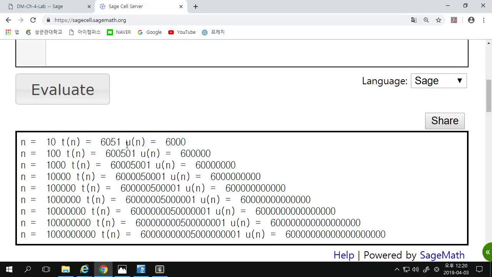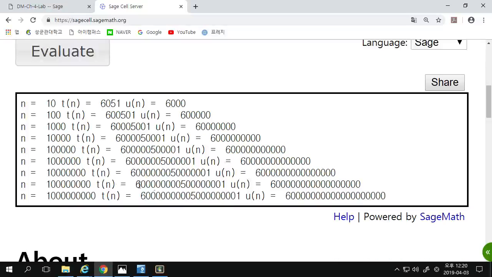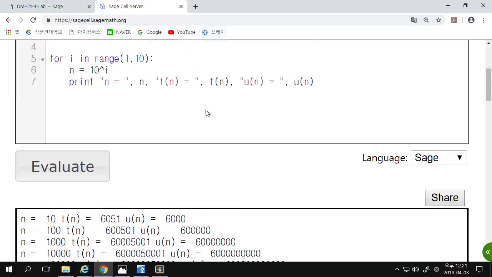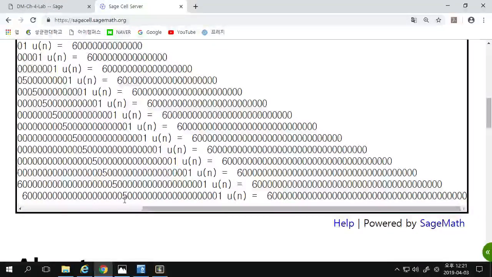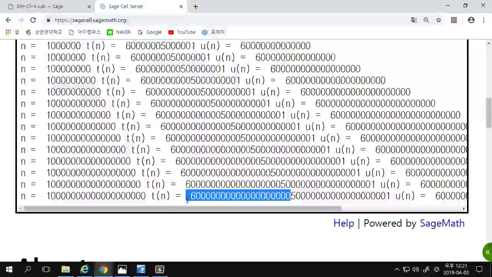There was a difference, but as n goes high, the difference is getting smaller, and percentage-wise it's getting smaller and smaller. If we make n about 20 digits, then you will see the difference is getting smaller and smaller. There's no difference within about 15 digits. So the difference is very small, less than 0.0000001%.